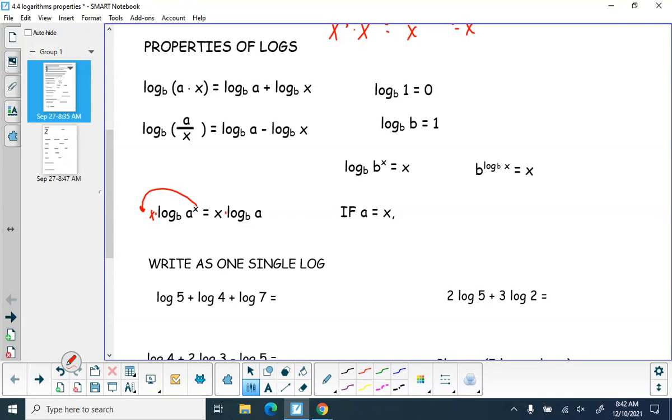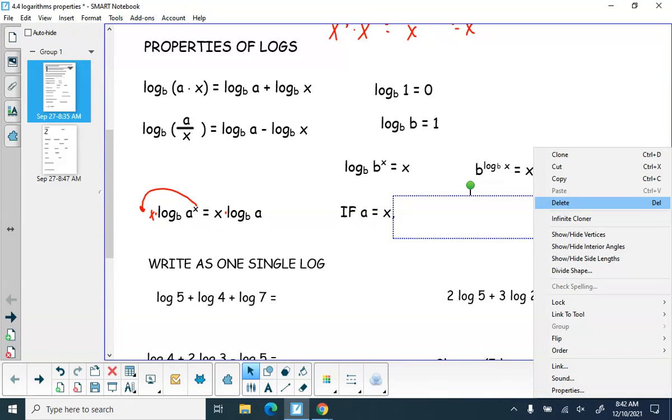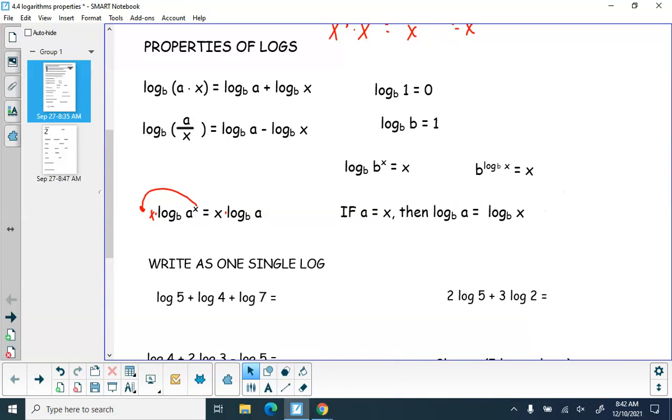Also, if a is equal to x, I can take the log of the same base to both sides and I still will maintain equality. We've talked about whatever you do to one side, you do to the other.